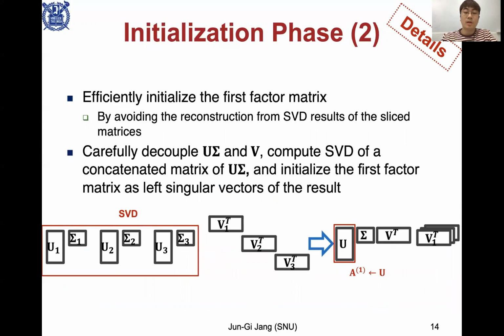Let me explain the initialization phase in more detail. To initialize the first factor matrix, we carefully decouple U, Sigma, and V, compute the SVD of a concatenated matrix of U Sigma, and initialize the first factor matrix as the left singular vectors of the result.